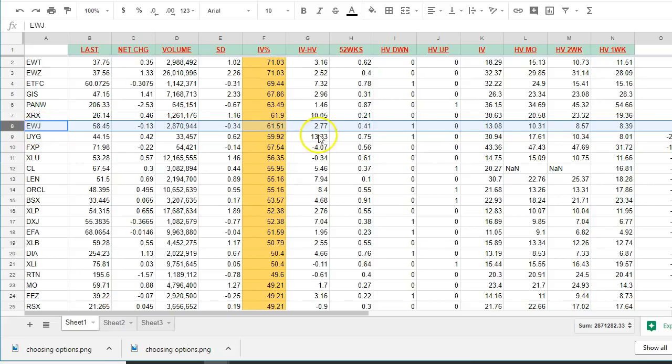It's pretty good, it falls into all the categories that I was telling you about, but I rarely trade this one. And the reason is it gaps a lot. It tends to jump around. It trades overnight as well. I think it's a Japanese market, EWJ.